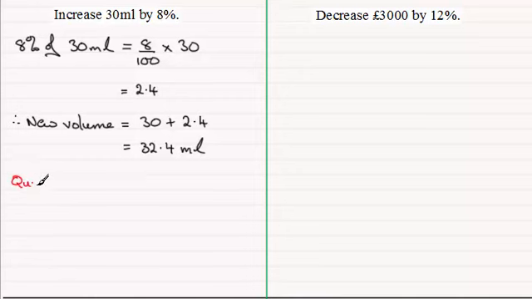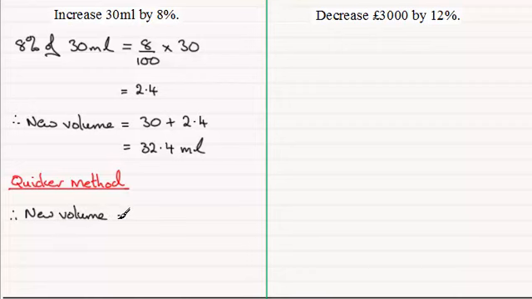To do this quicker method, I'd strongly encourage you to learn it because we're going to need it later on, okay? Doing this method is just too awkward. So what is this quicker method? Well, we can go straight to the new volume, which has to be more efficient anyway, okay?